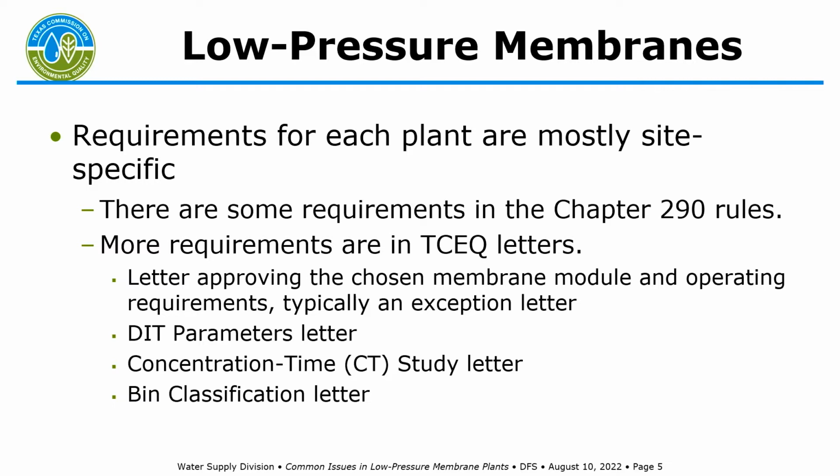You've got your concentration time study, or CT study, letter, and that defines how pathogen disinfection and inactivation credit is awarded through the treatment plant. And then you've got a bin classification letter that tells whether your plant is bin 1 through bin 4, and each of those has different Cryptosporidium removal requirements.